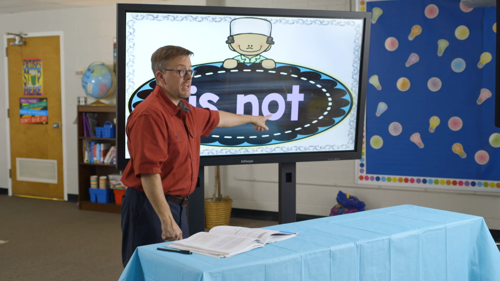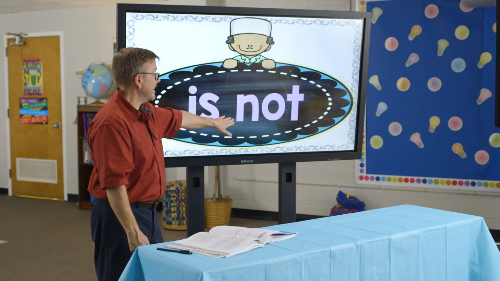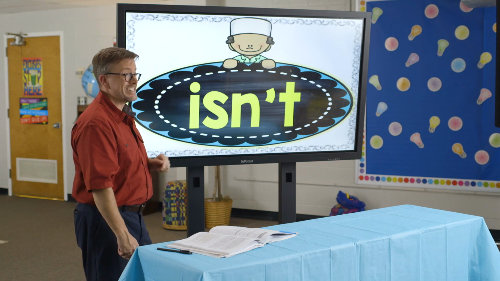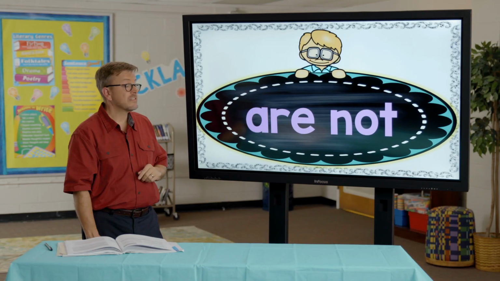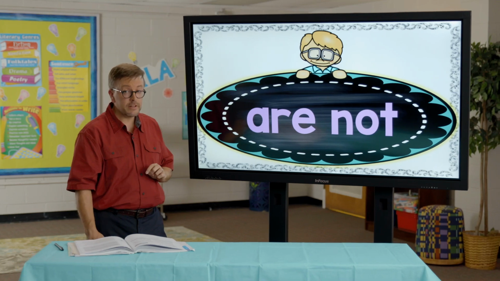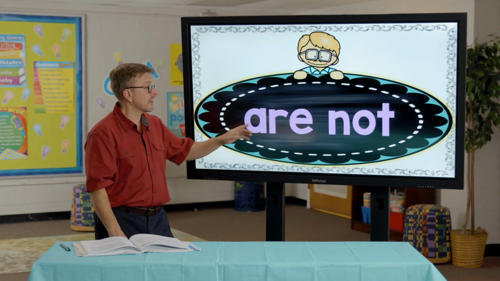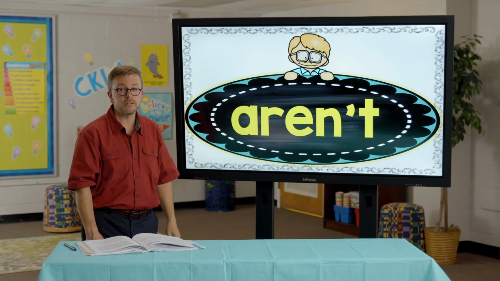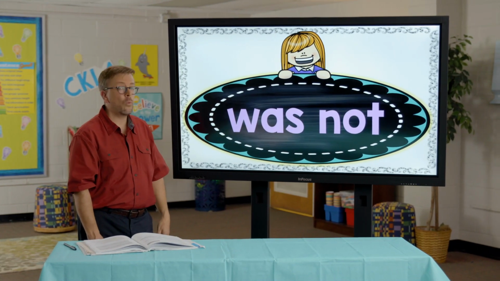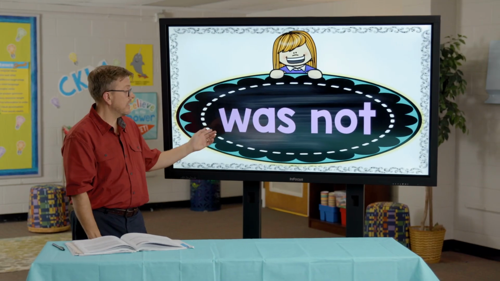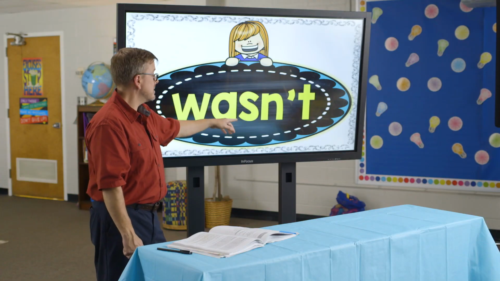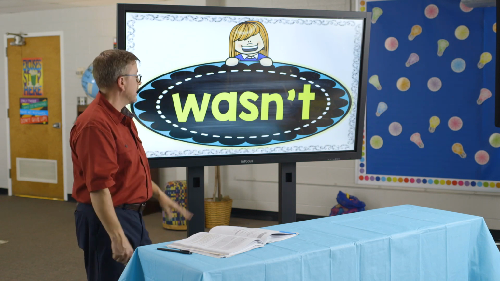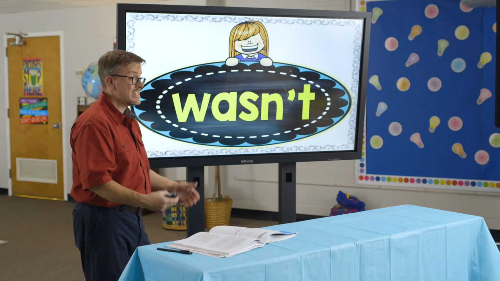Is is separated from not, but what happens is the N stays, the O drops out, and you add the T. That's the word isn't. Same thing here with are not. It goes to aren't. We're going to drop that O, move the N next to the R, and you have aren't. What about was not? Same thing happens here. Was not goes to wasn't. The O dropped off. The not came together with was. So we have wasn't.